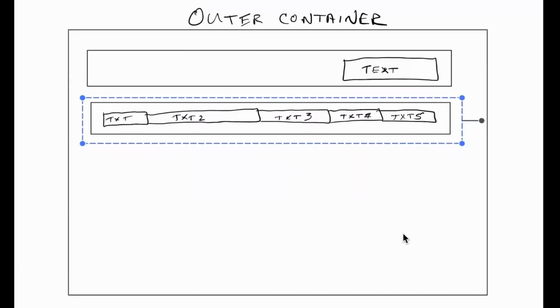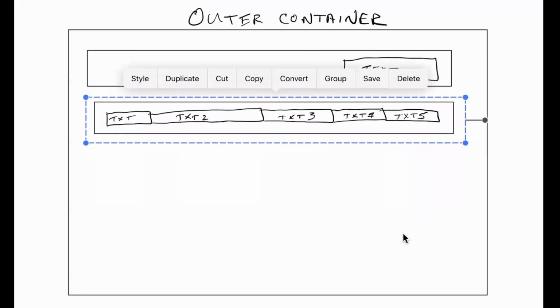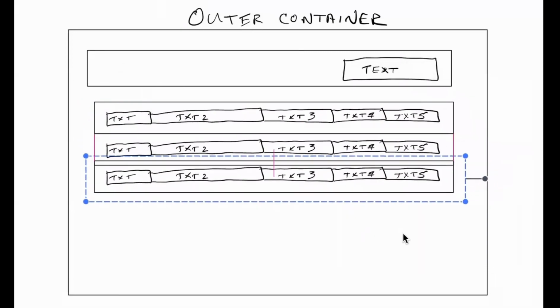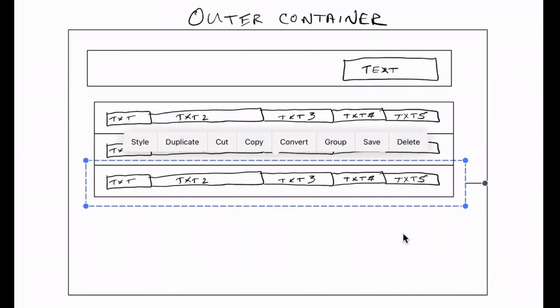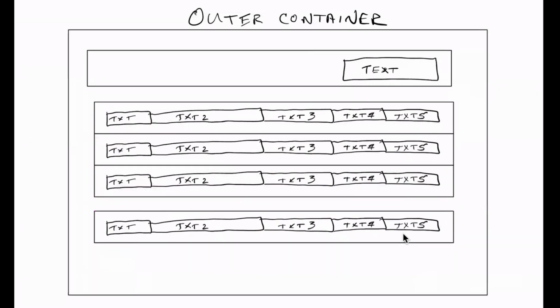Now once we have that row in place, we can duplicate it so that we can get the information for the actual line items. So we're going to take that section and we're just going to copy it and duplicate it. And for the bottom one, we're just going to get rid of the first 3 containers because we only need 2 for the text that says total and then the text that is the total.